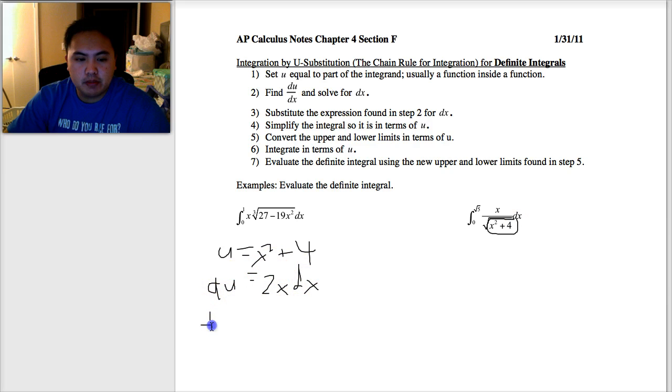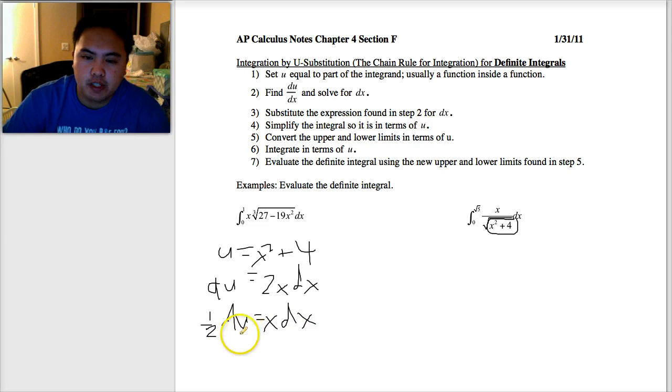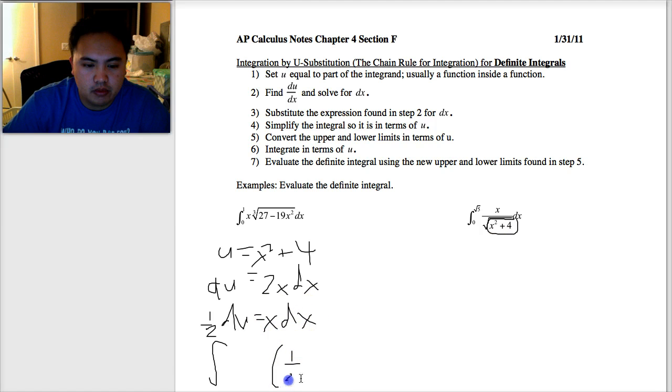So let's divide both sides by 2. So half du is x dx. Okay. So let's replug that back into the equation. Let's turn this problem into all u's. So this x dx disappears and it just becomes half du.